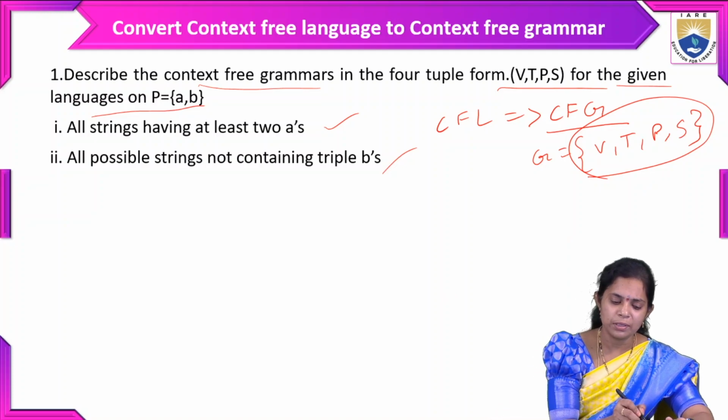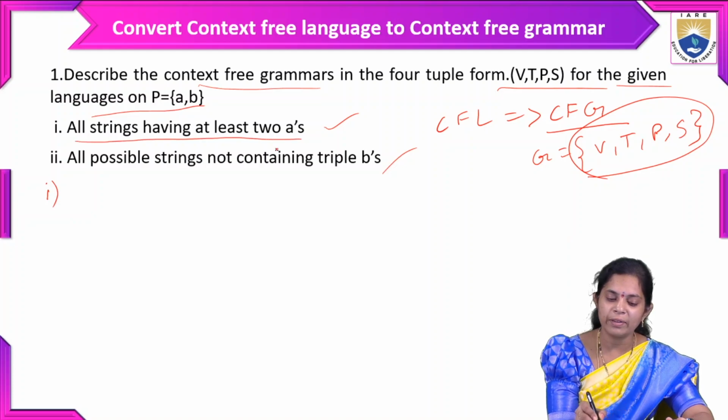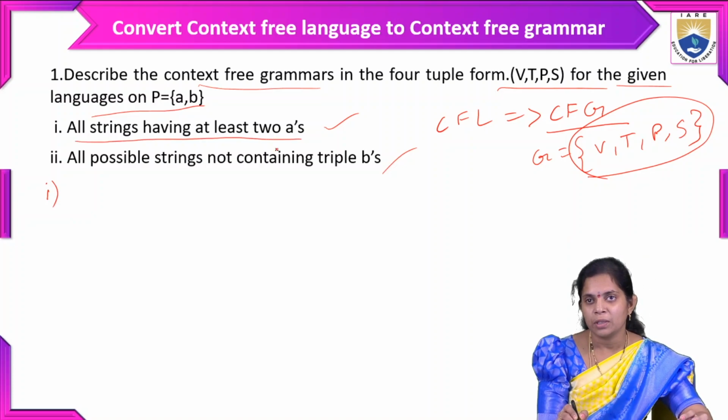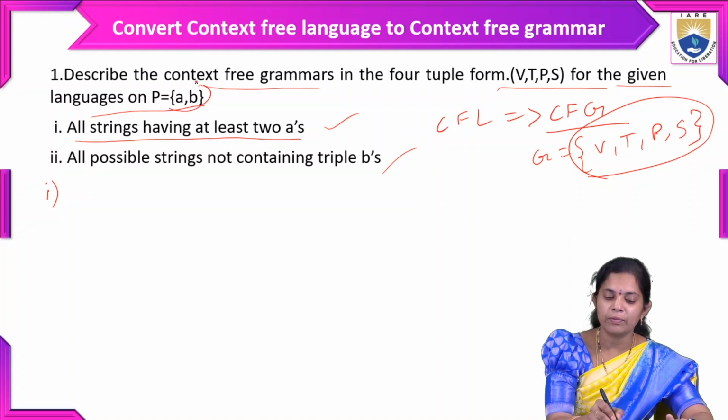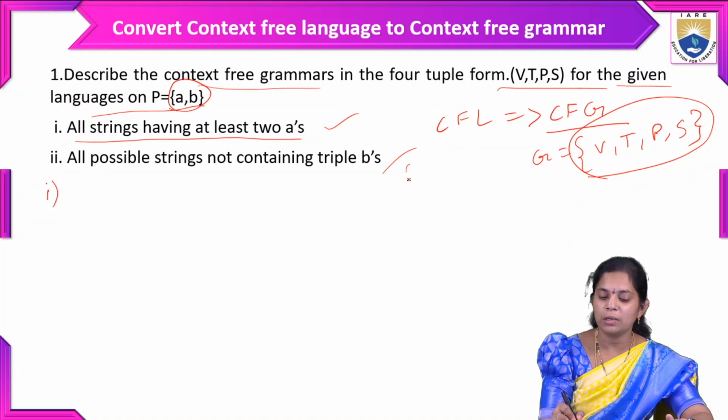Coming to the first one, it is all the strings having at least 2 A's, and all the symbols are A, comma B, full stop.